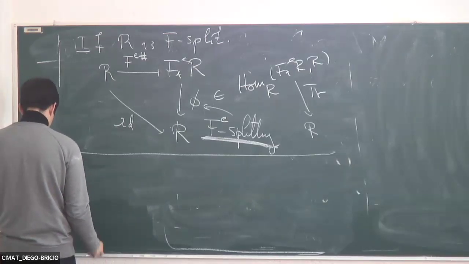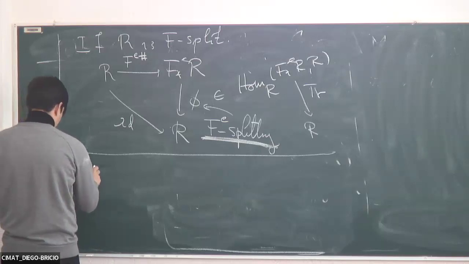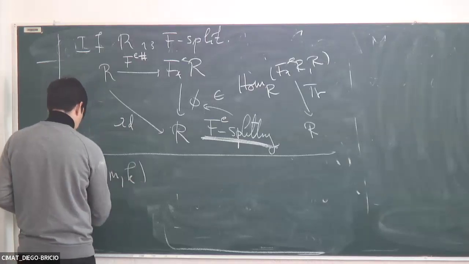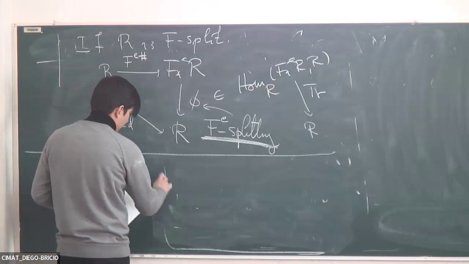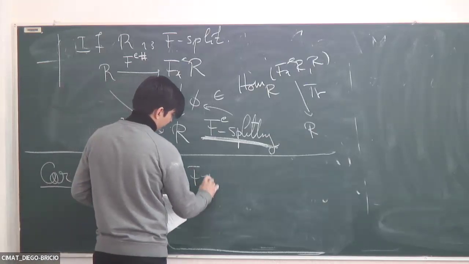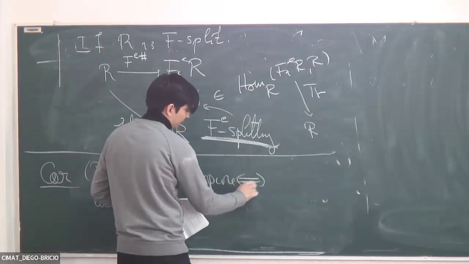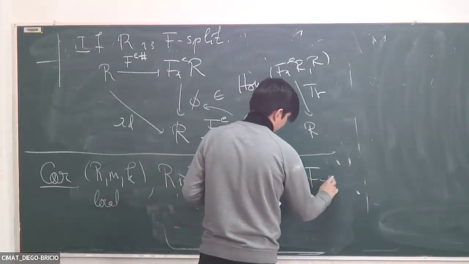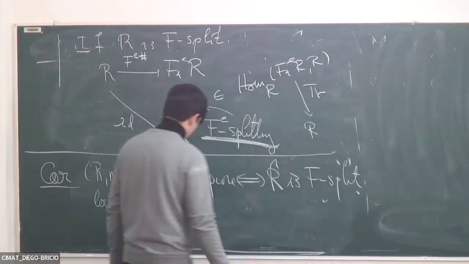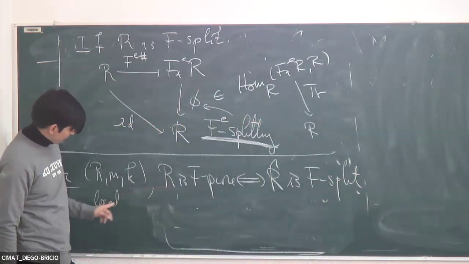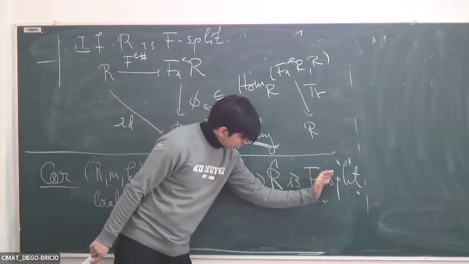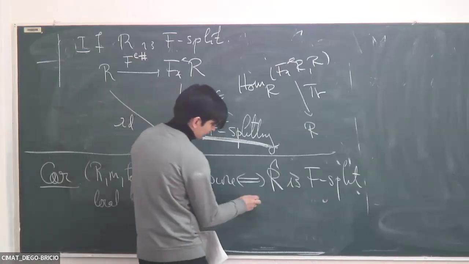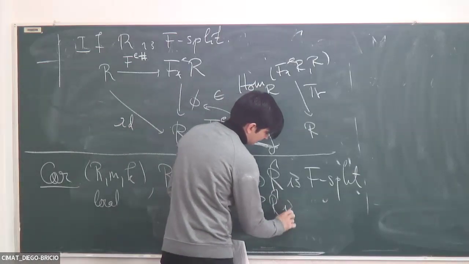Corollary, if you have a local ring, then R is F-pure if and only if R hat is F-split. Okay, so that's what F-purity means for a local ring. It means that the completion is F-split, which is the same to say, right? R hat is F-pure.